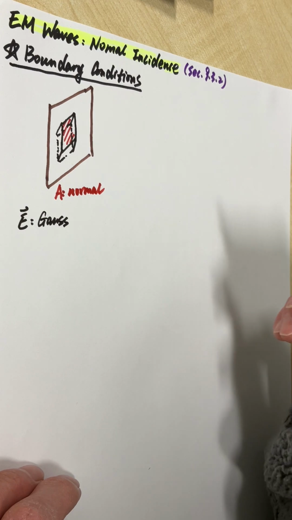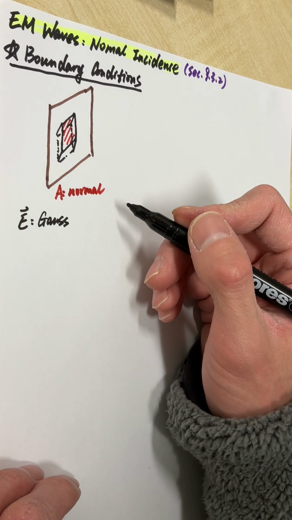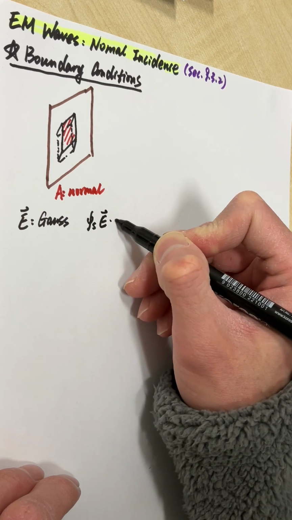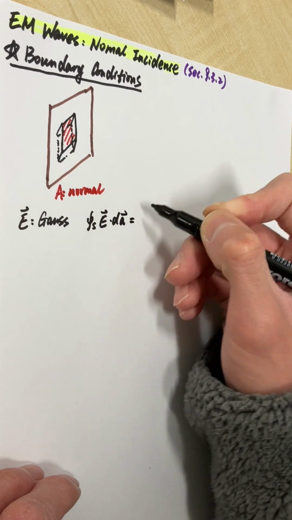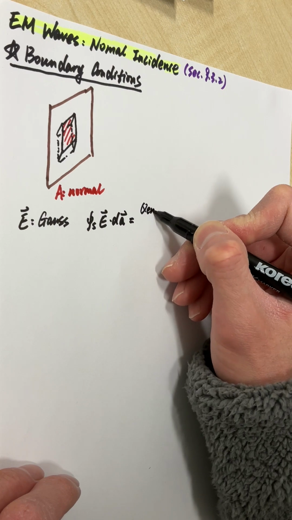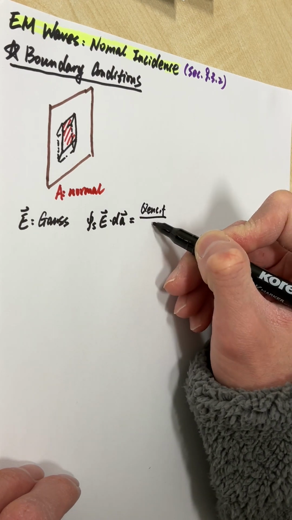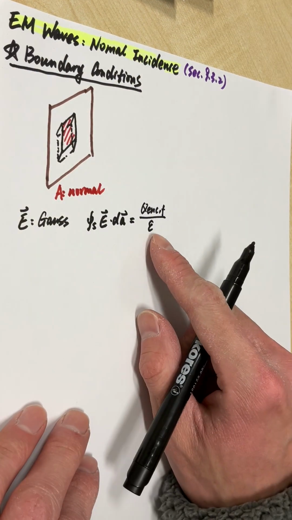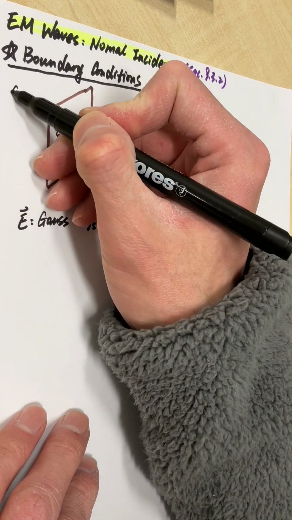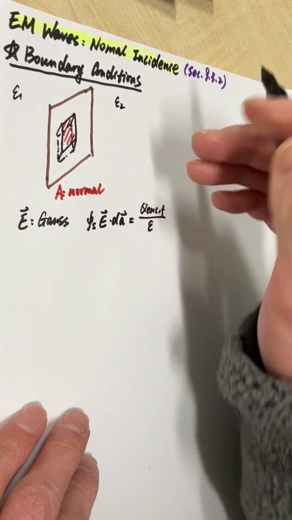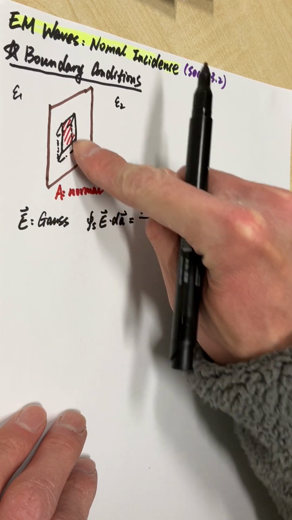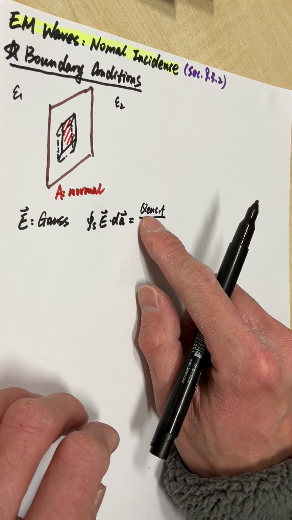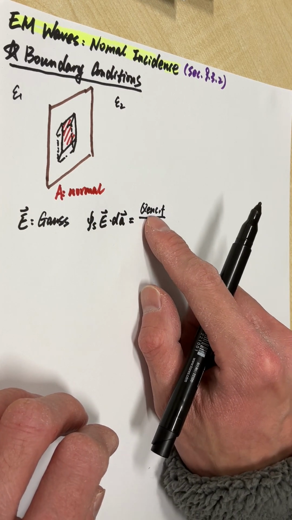It is generalized in linear media as the closed surface integral of the E field equal to the total free charge enclosed divided by epsilon. On both sides, they don't have the same epsilon anymore. We have epsilon 1 and epsilon 2. But the electric field on both sides shares something: for the area enclosed, we share the total free charge enclosed.